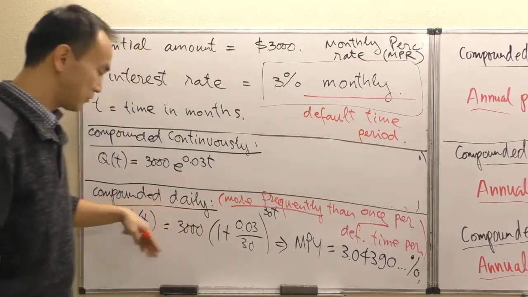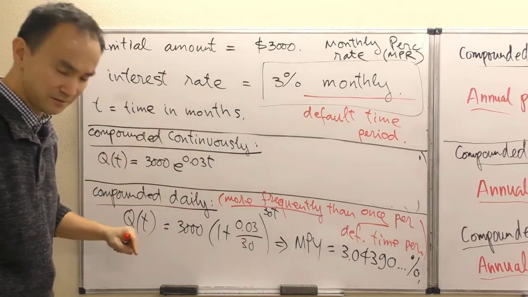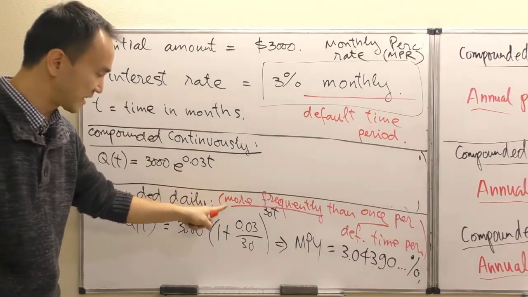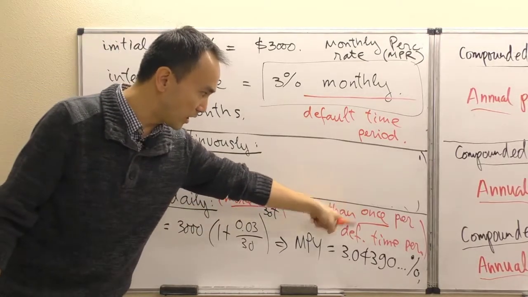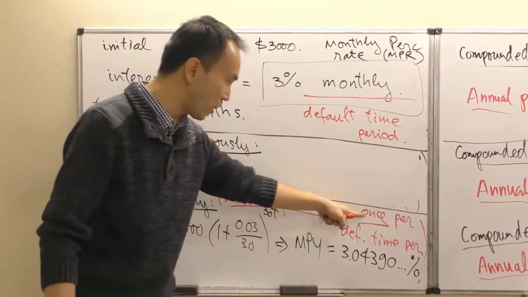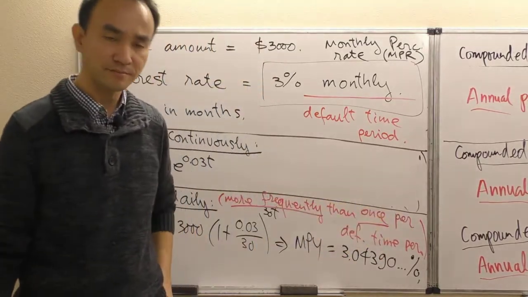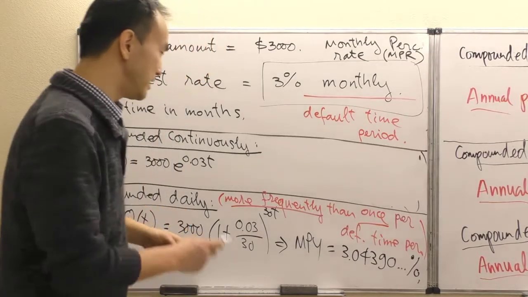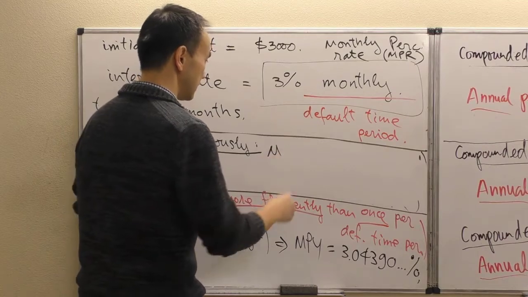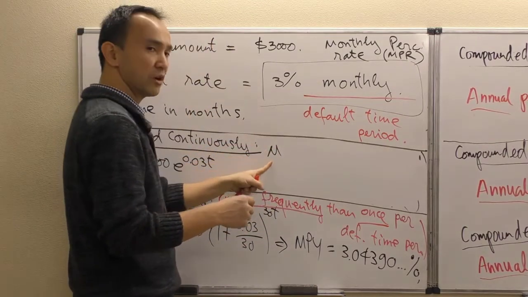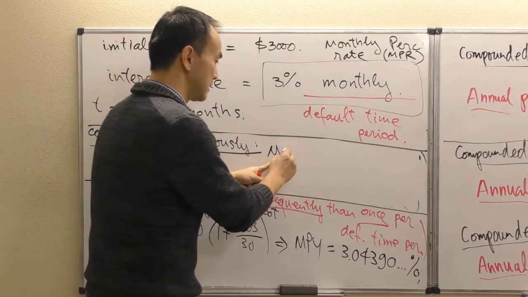Whether you're compounding your interest daily or continuously, it's all about calculating your interest a lot more frequently than once per default time period. That's what it is. Okay, so now in this case right here, let's calculate again. For this particular scenario, since we go with monthly as the default time period, that's why I call it monthly percentage yield.